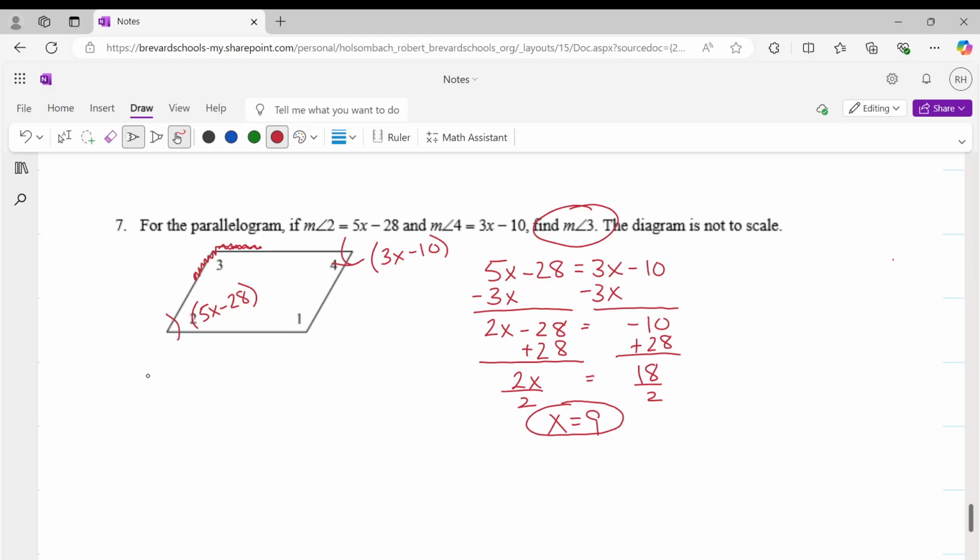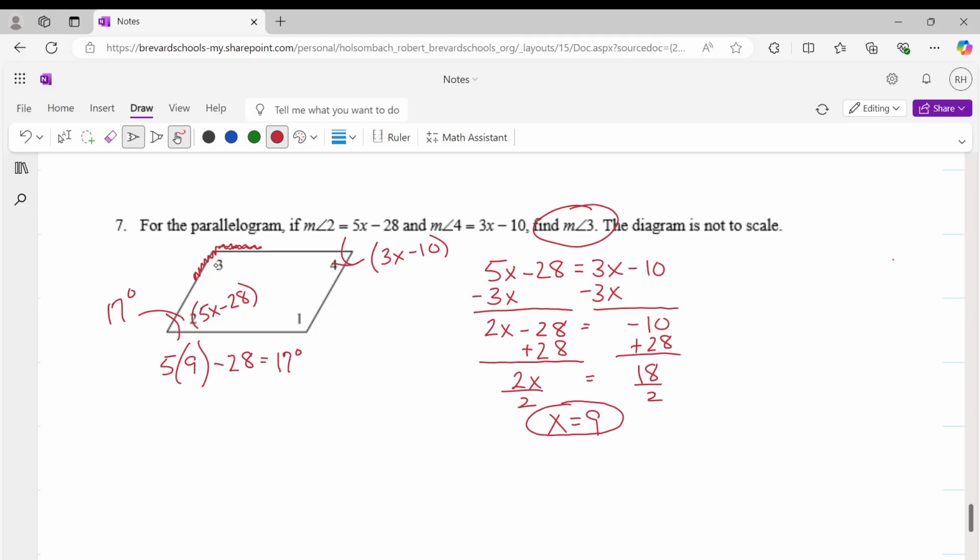All right? So angle 2 is going to be equal to 5 times 9 minus 28. And 5 times 9 is 45 minus 28 is 17 degrees. So angle 2 here is 17 degrees.